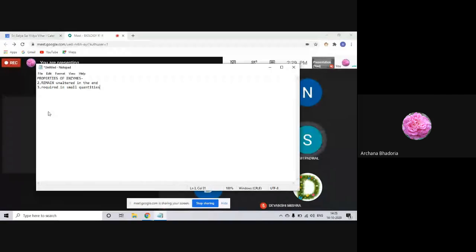Okay, now take up the next one quickly. Accelerates the rate of reaction. Fourth point. So what is the meaning of accelerate the rate of reaction?